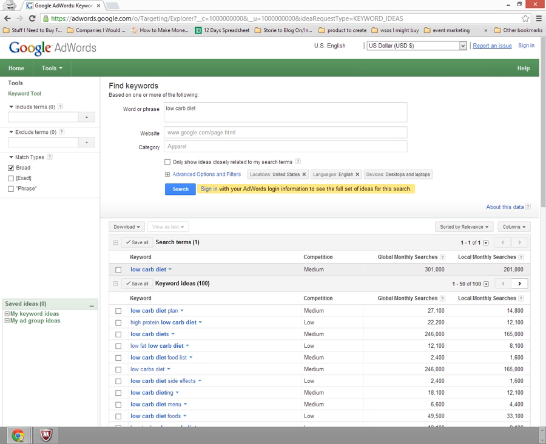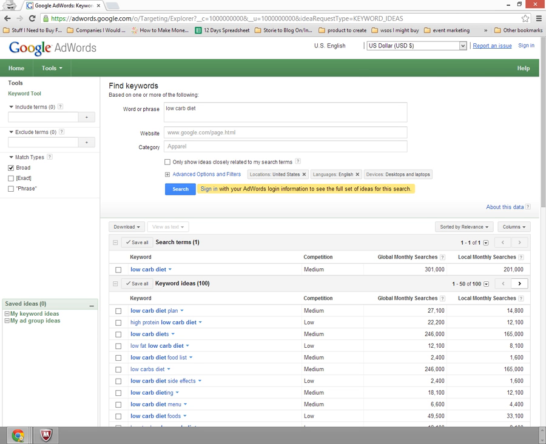Now, when you're looking at the Google AdWords keyword tool and you see the word competition, that isn't necessarily directly relevant to what you're doing, because you're looking to see which of these keywords have people that are already using the search engines to find them. Competition here is talking about advertiser competition.